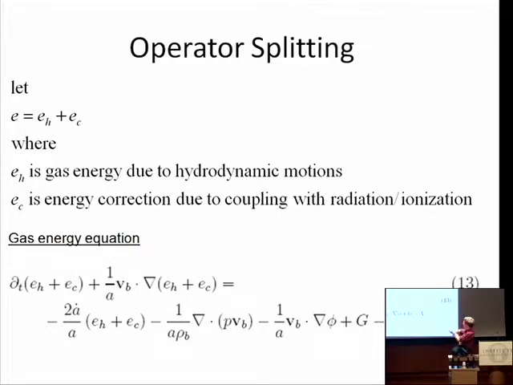We just split the system of equations into two halves. So we take the gas energy and we just split it into EH plus EC. EH is the gas energy due to hydrodynamic motions, and E sub c is the energy correction due to coupling with radiation and ionization. So you stuff that into the gas energy equation, and then you split it into two parts.